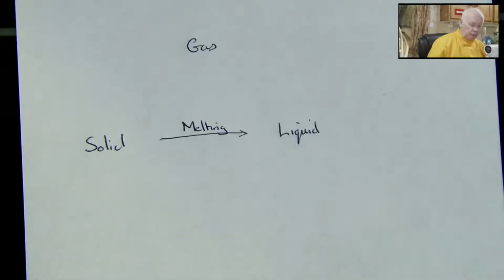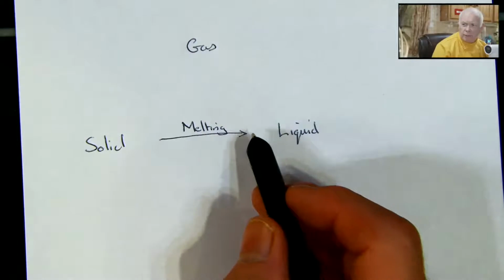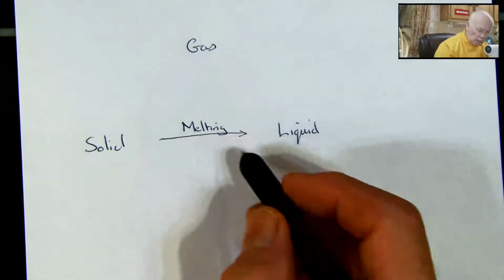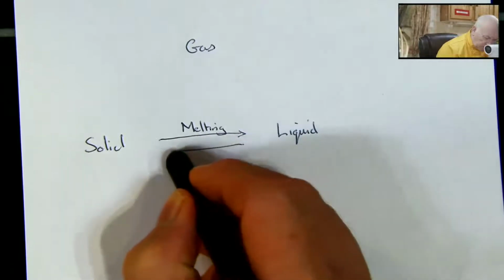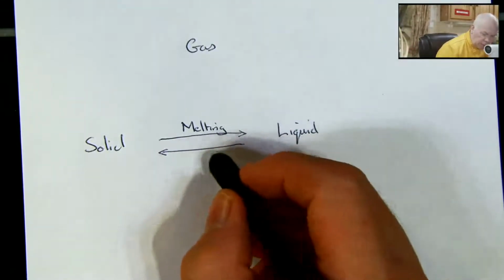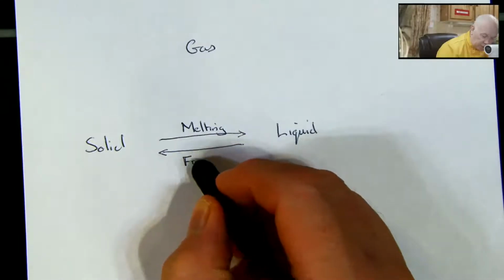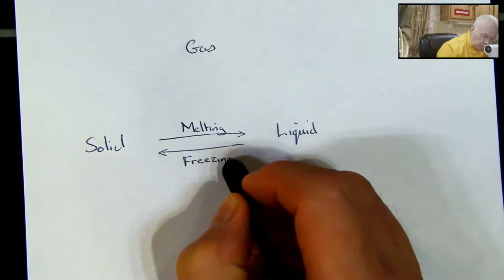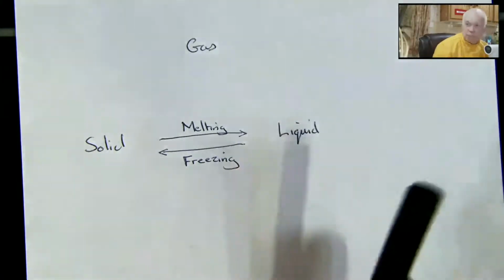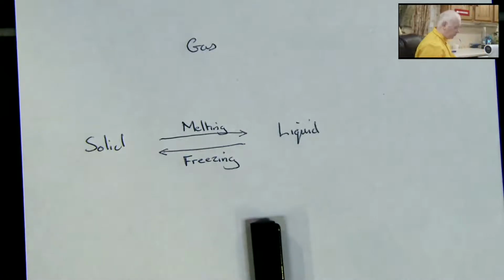I've got some stearic acid melting, and we're going to have a go at an experiment with that in a minute. If we take a liquid to a solid, then we've got basically freezing. And that's an experiment that I want to have a go at in a few minutes. It's ready now. We'll have a look.